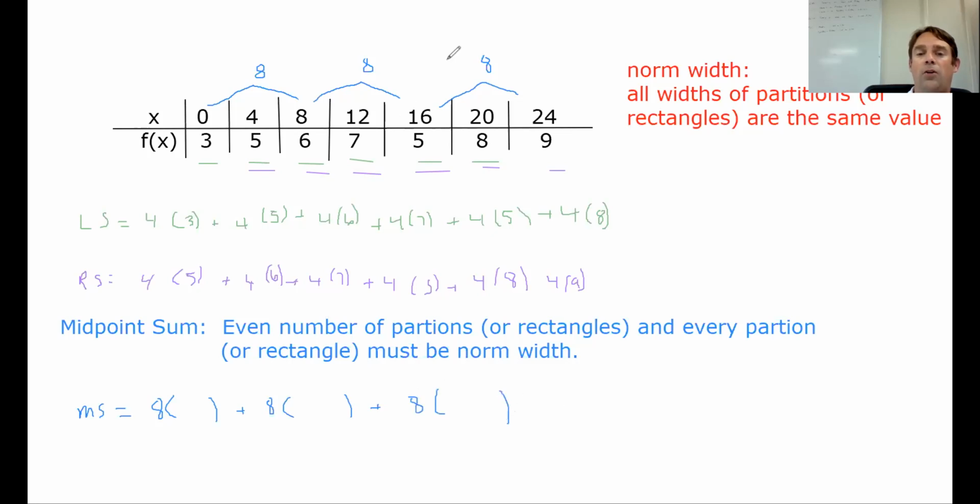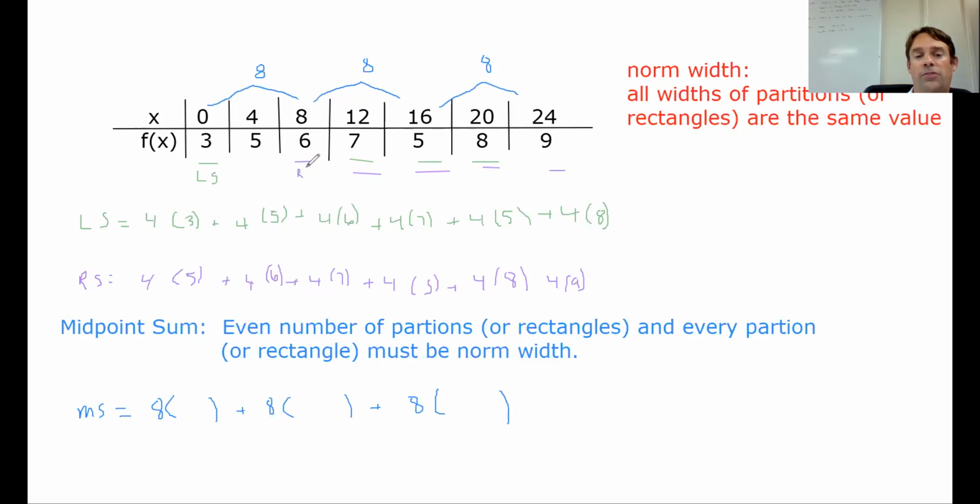So what value am I going to use? What y value am I going to use? Well, let's take a look at this. So for this first partition, this right here would have been my left sum. For this one, this would have been my right sum because it was on the far right.